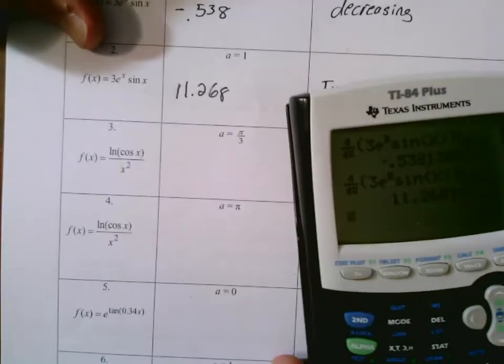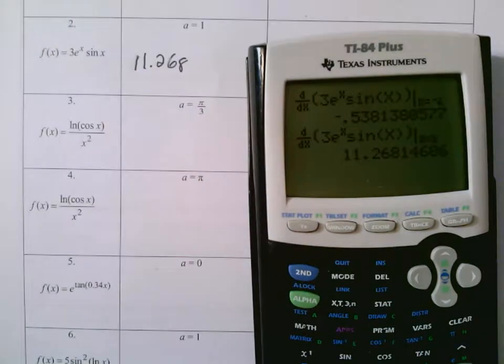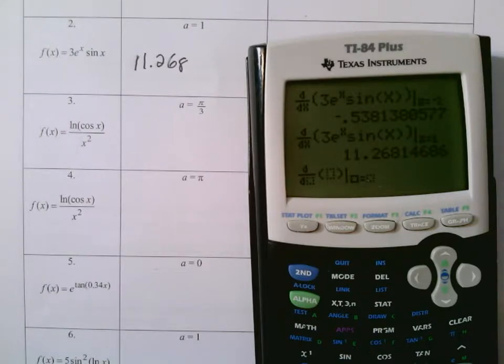Alright, new function. So remember, math 8, derivative with respect to x of ln of cosine x. I'm going to go ahead and put in parentheses so it doesn't get confused.